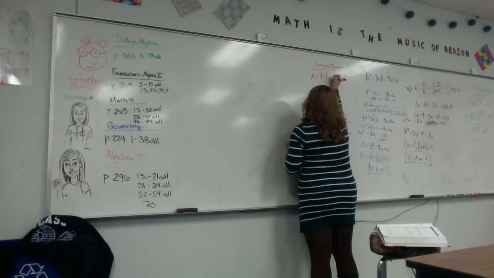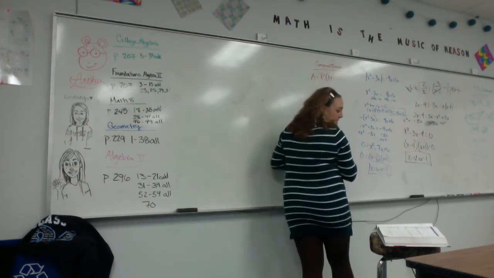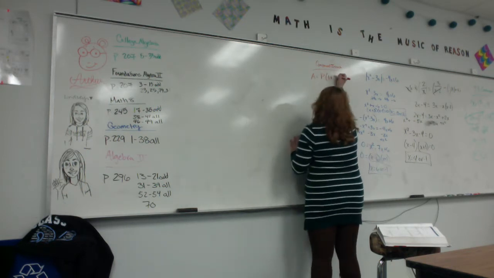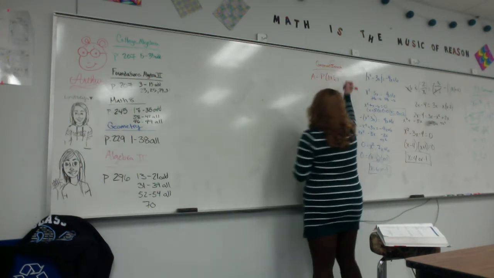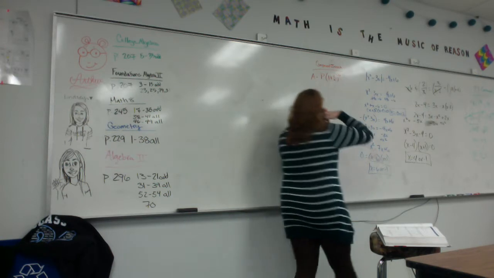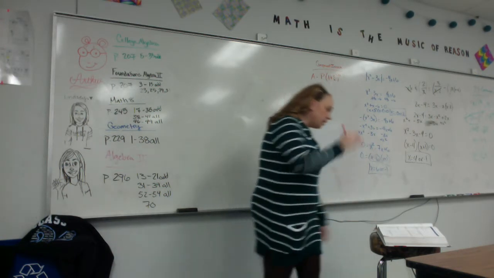A equals P parentheses 1 plus R over N to the NT power. Okay, when you are dealing with compound interest, this is the formula you're dealing with.